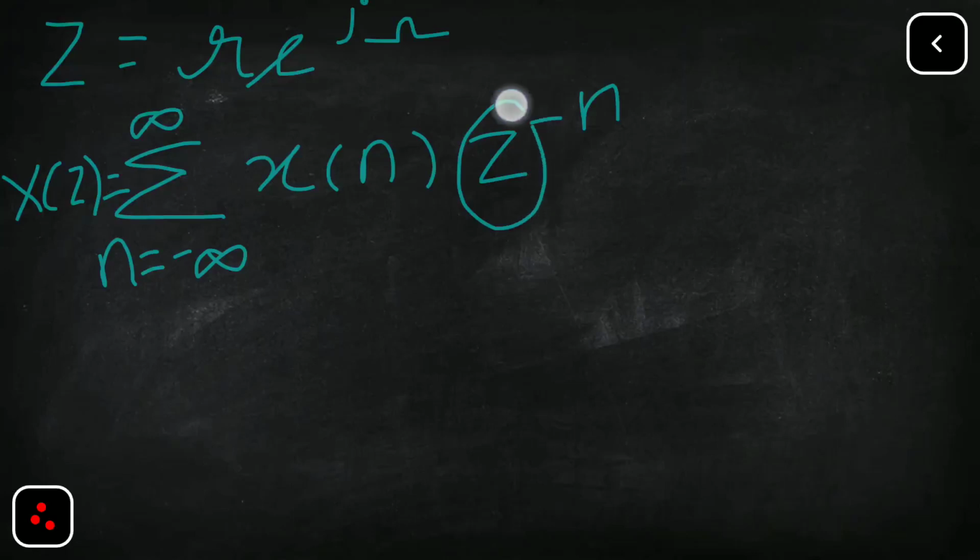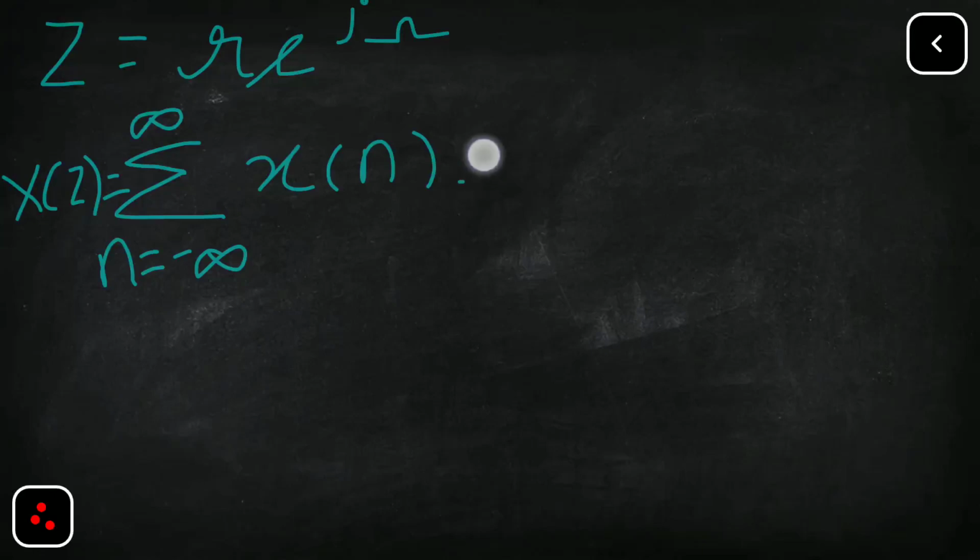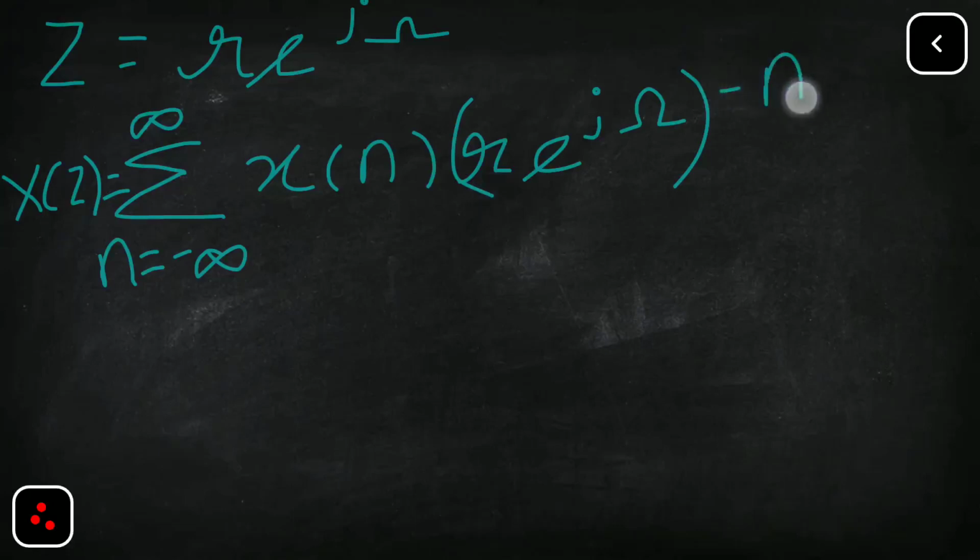Now what we are doing, in the place of z we are going to substitute r into e to the power of j omega. So let me write that as r into e to the power of j omega, that whole to the power of minus n. Now we are going to take e to the power of minus j omega n outside. So what does that become now?